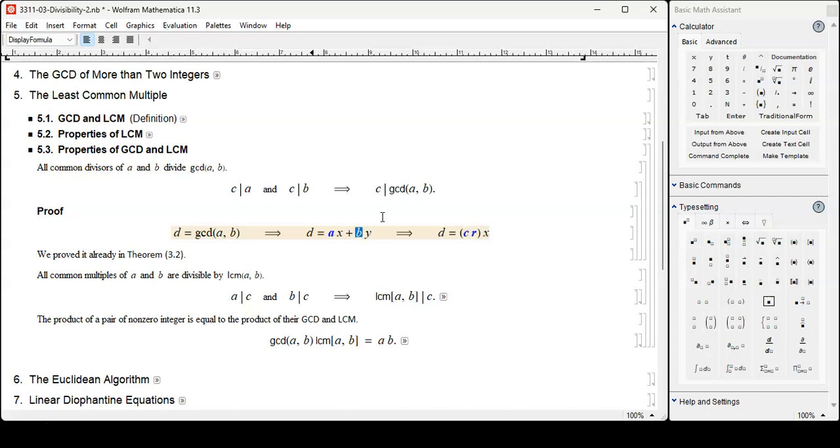And then this B, which I'm highlighting in green, is again C times some integer. So C is common, I can take it out, and what's left is some integer, Rx plus Sy, which is an integer, so C divides D. That's the whole proof.